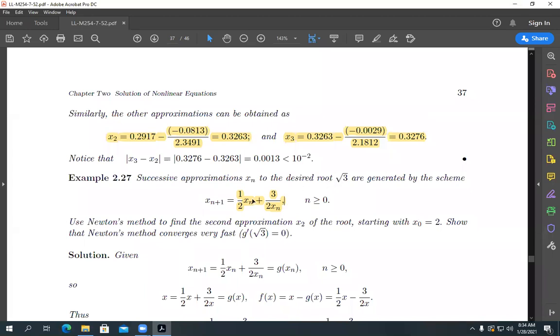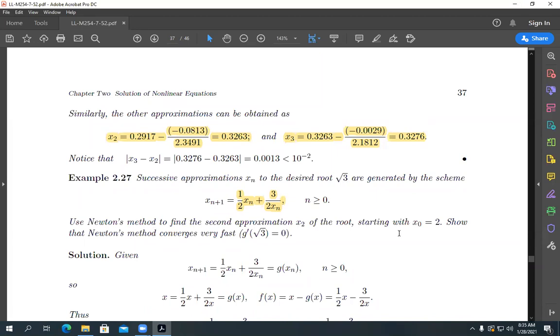This formula will converge to what? The root 3. Now it says find the equivalent Newton formula for this case, and use the Newton formula to find the second approximation. This is a part which we did the same before.